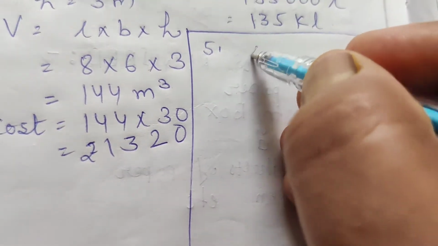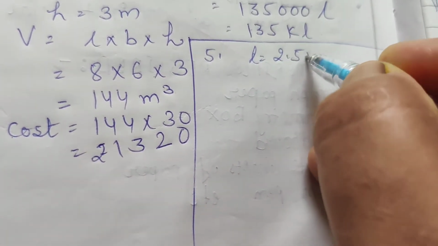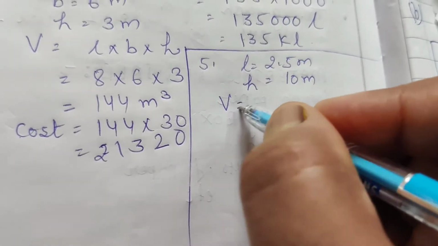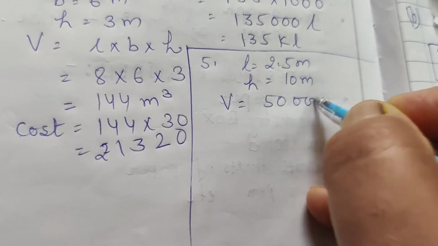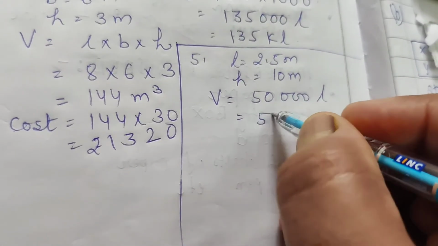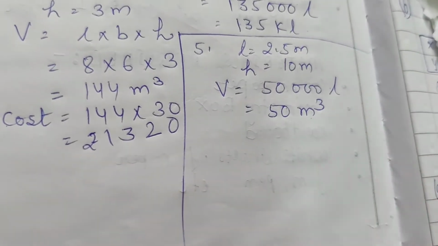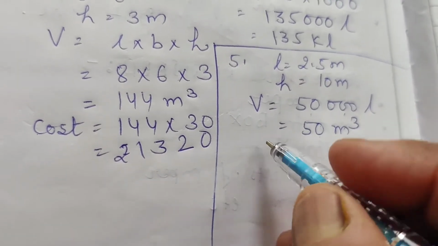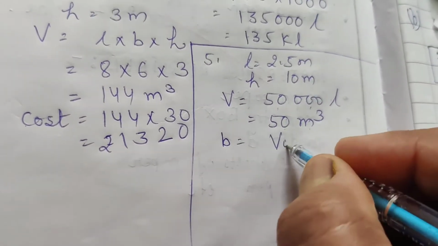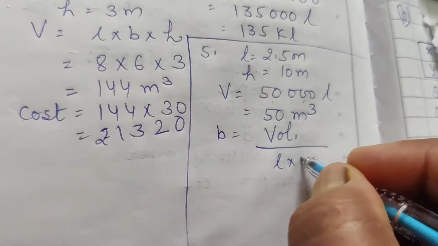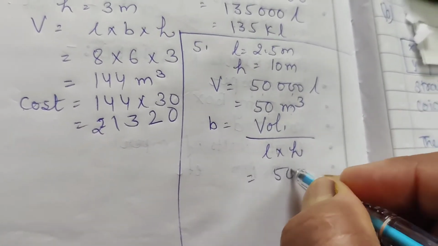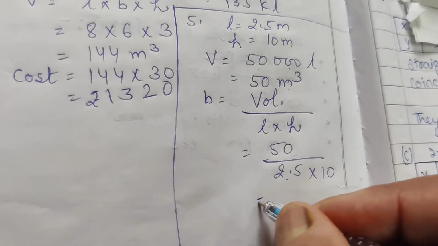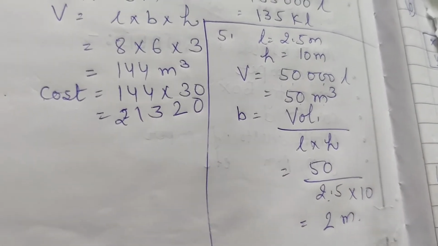Length equals 2.5 meter, height equals 10 meter and volume equals 50,000 liter. 1 meter cube equals 1000 liter, so we divide by 1000 and get 50 meter cube. Now breadth equals volume divided by length into height. 50 divided by 2.5 into 10, which is 25, gives 2 meter. Breadth is 2 meter.